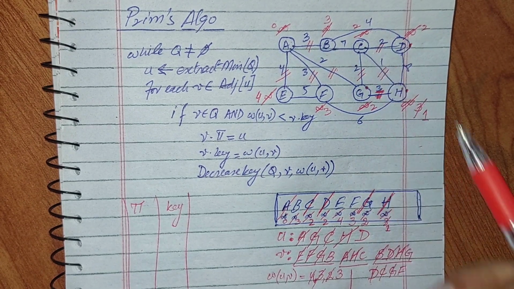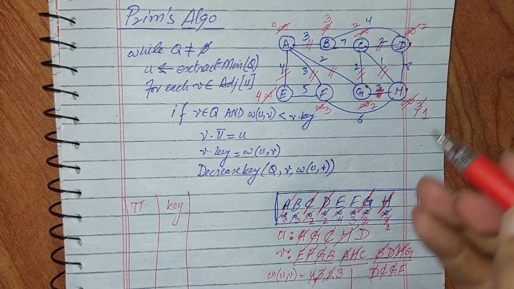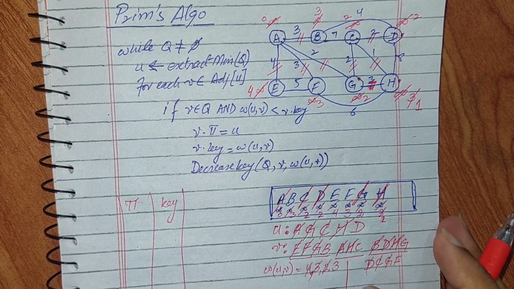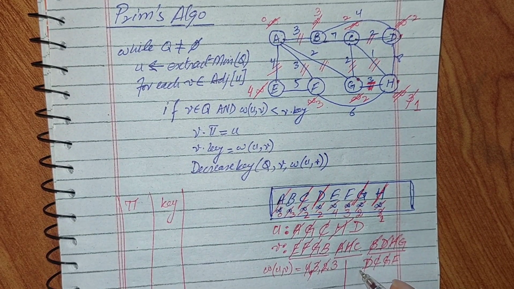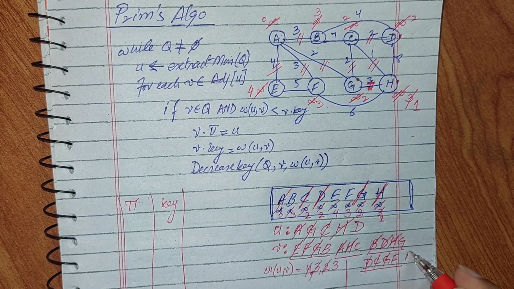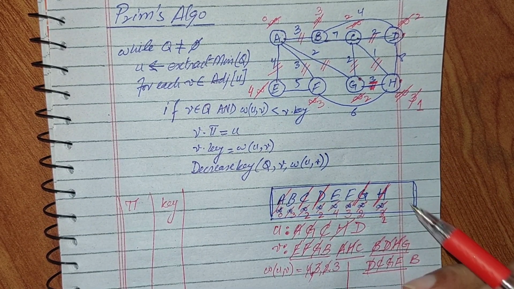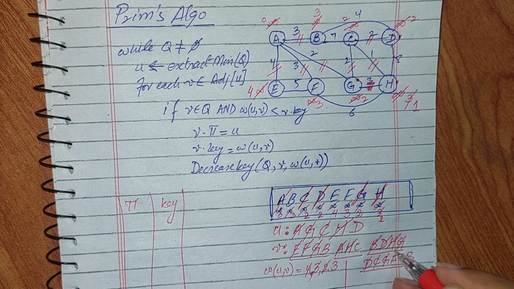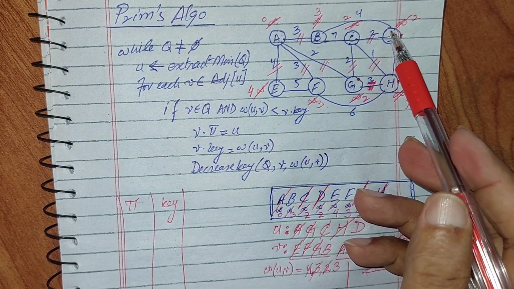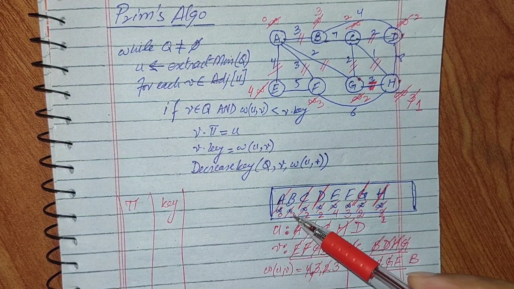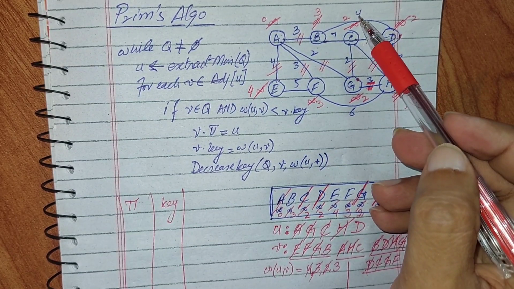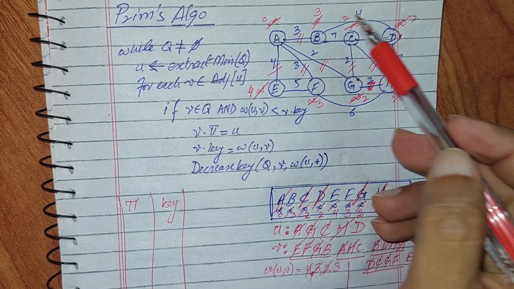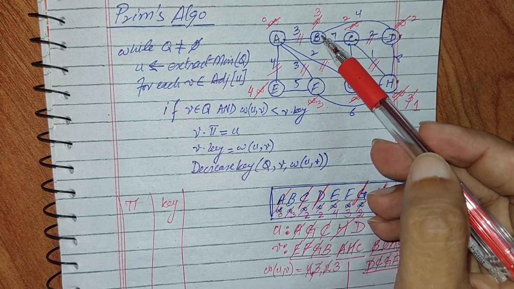The first neighbor is B. Is B in the queue? Yes, B is in the queue. The weight is 4 and the key is 3, so it's not going to be updated.